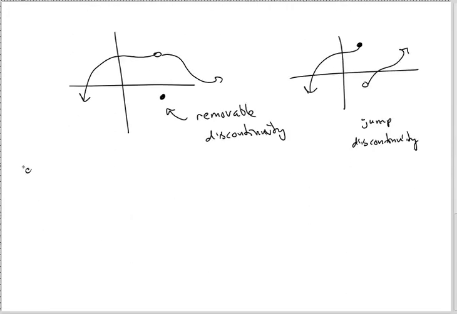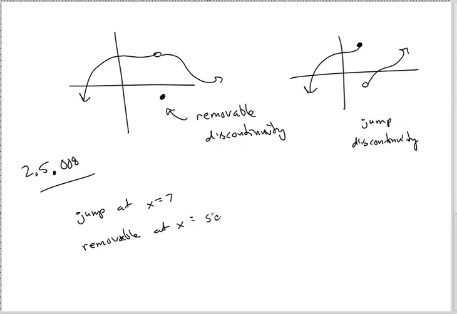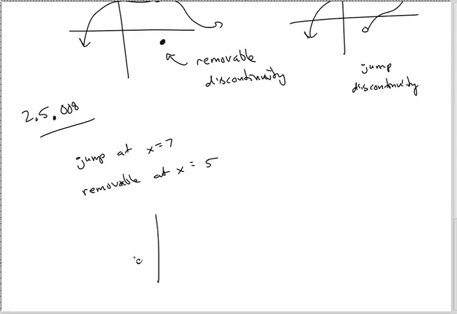Let's do some homework problems. 25008. It says a jump at x equals 7, and then a removable discontinuity at x equals 5. So what does that look like?